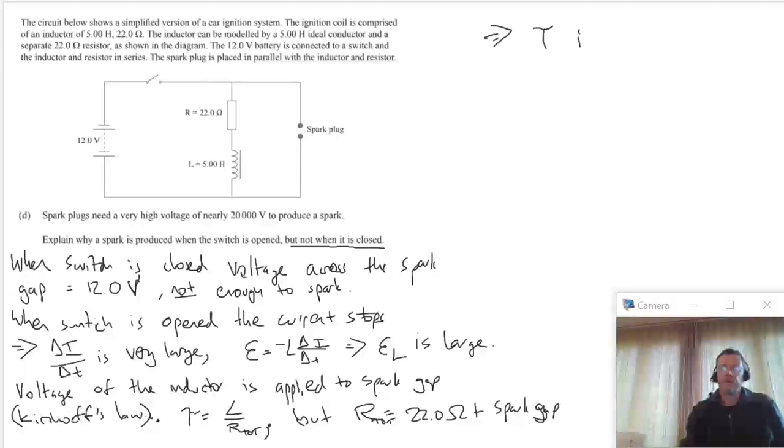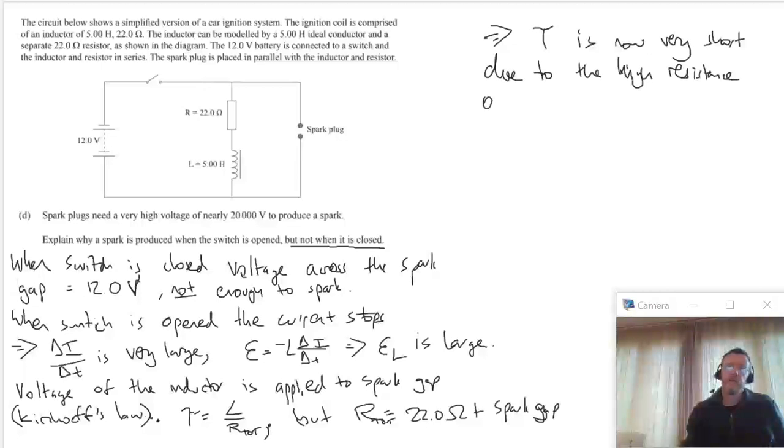The time constant is now very short due to the high resistance of the spark gap.